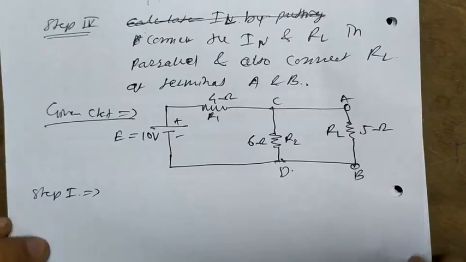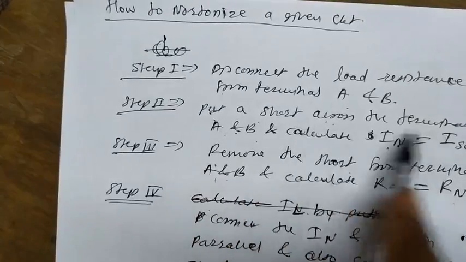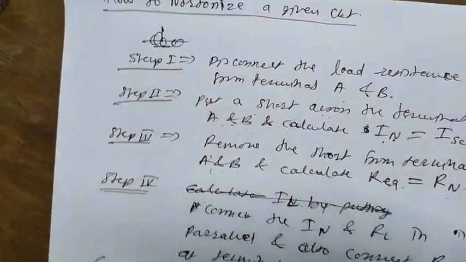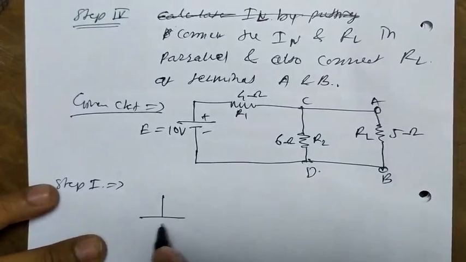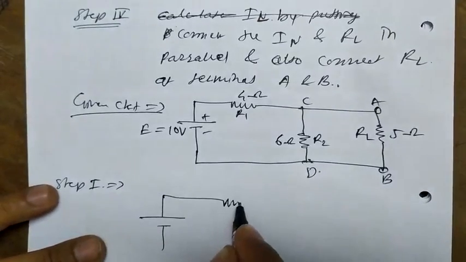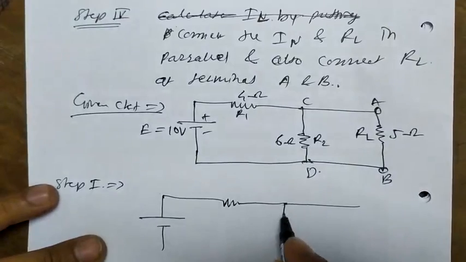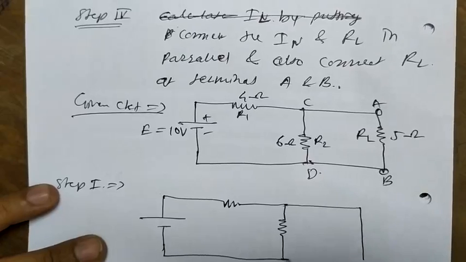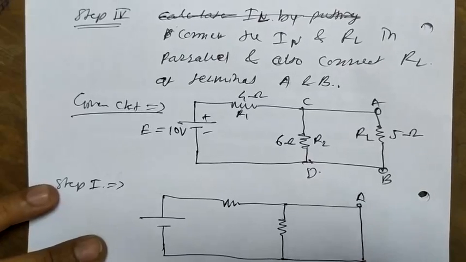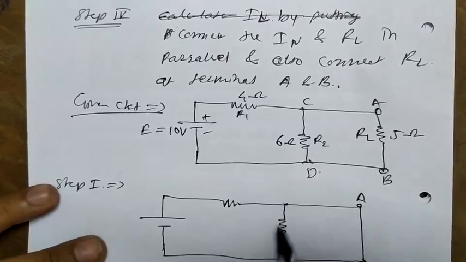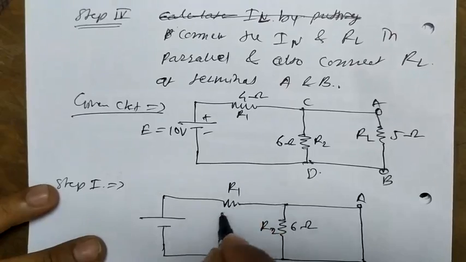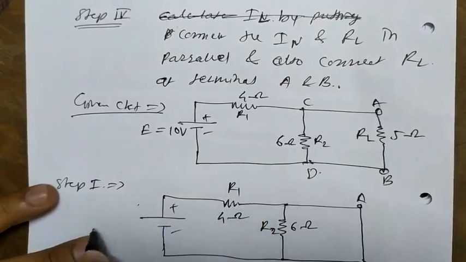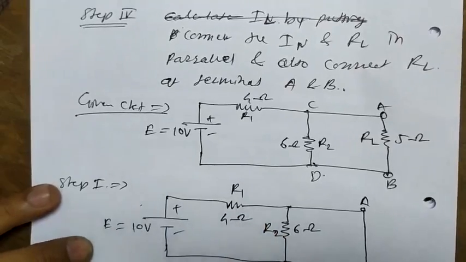The second step is to put a short across the terminals A and B and calculate I. This is R2 6 ohm, this is R1 4 ohm, this is E equal to 10 volt.